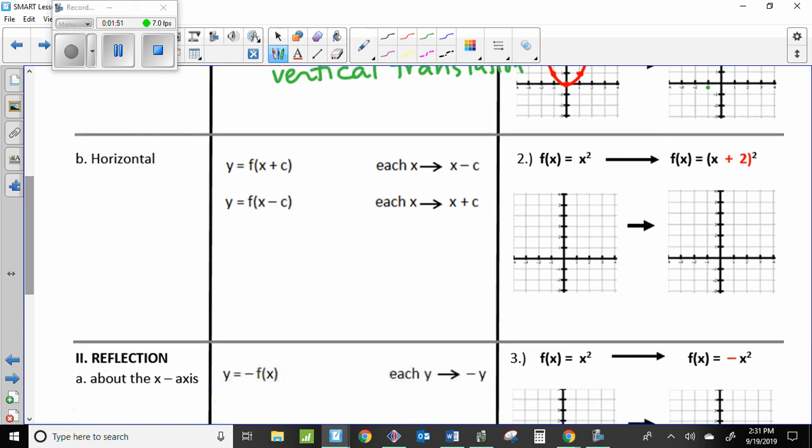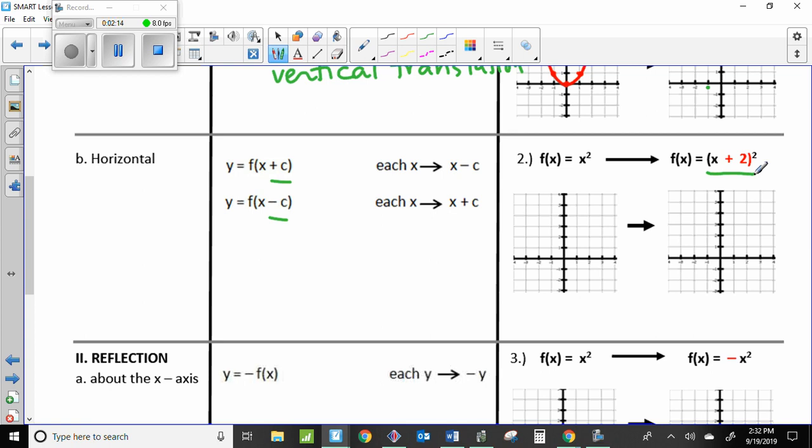So horizontal shift happens if you have a constant, a number that's added right onto your x value. So it's within the x value. An example to that would be from your quadratic, you have (x + 2) squared. So the 2 is within the x value.